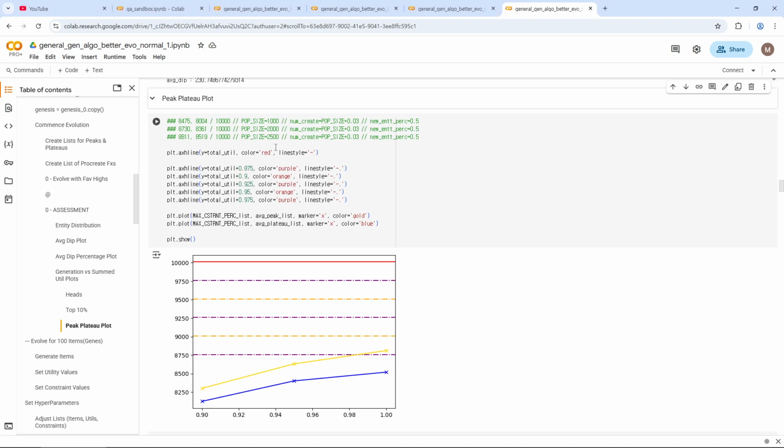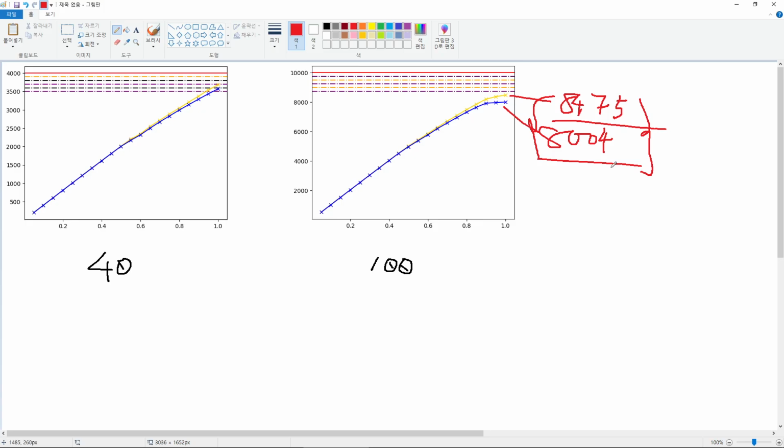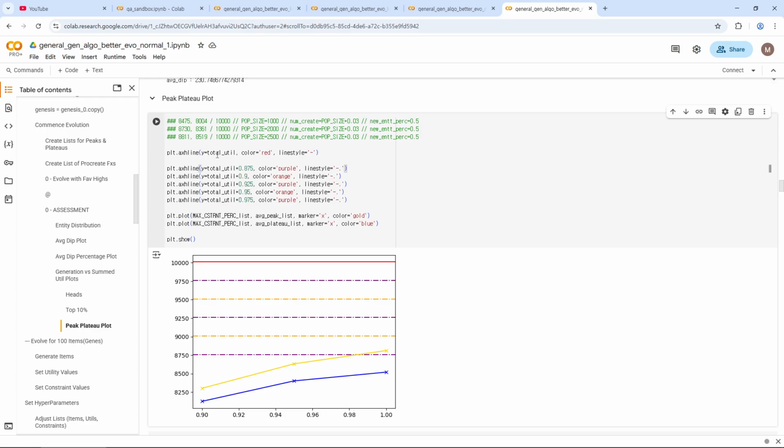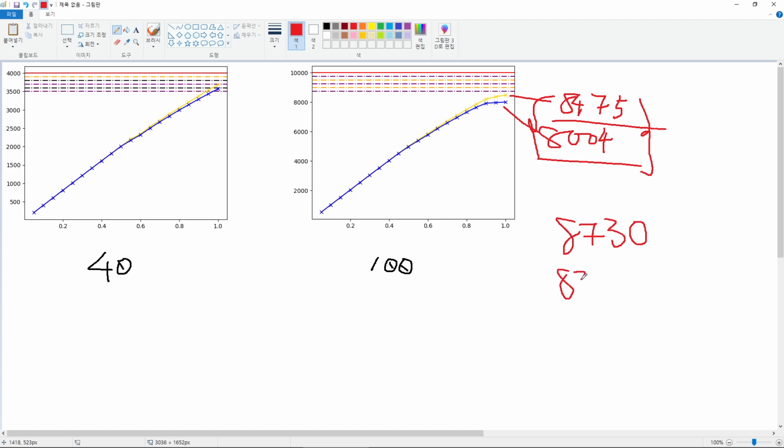I first tried with 2000 entities in the population, and after about 18 minutes I got 8370, 8330, and 8361.